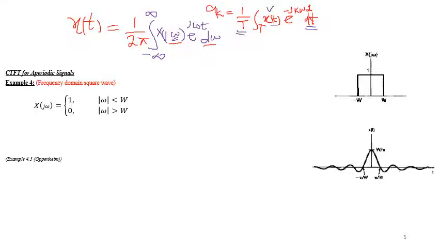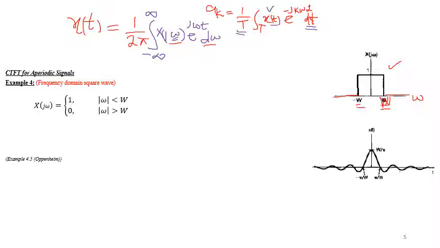So again, if we look at this one, this pulse exists in the frequency domain from minus capital omega up to capital omega. This is a particular value of omega, and this is capital W. So this signal is non-zero only here, and this is a frequency domain signal, right?